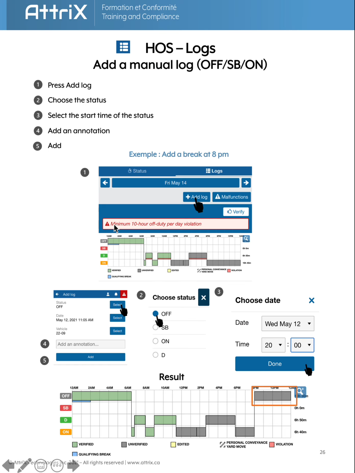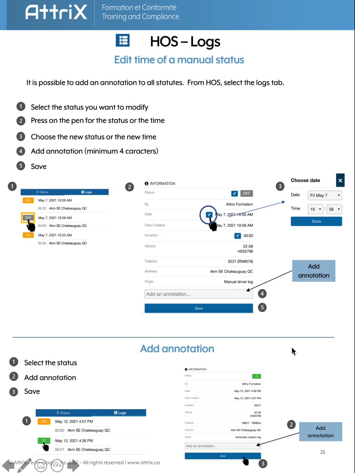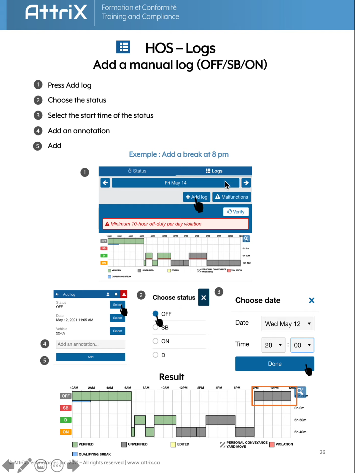In the situation here where, like yesterday, I forgot to log out, I need to keep some on duty time. So if you go back here, I switched my whole status from on to off. I went from drive to off. I needed to add on duty time at that point. So instead of switching my whole status, I want to press on add log. When you press add log here, it's going to ask you what status you want to switch.